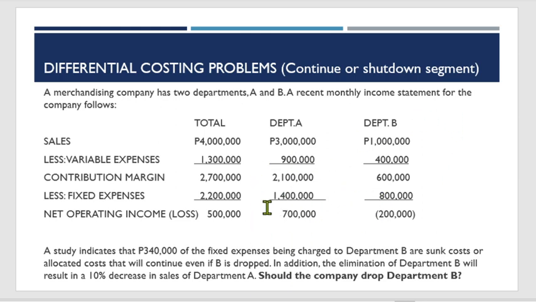So, for you to easily compute for this, you have to use the contribution margin of Department A. So, the requirement or the question is whether to drop Department B. So, are we going to drop Department B based on this illustration?